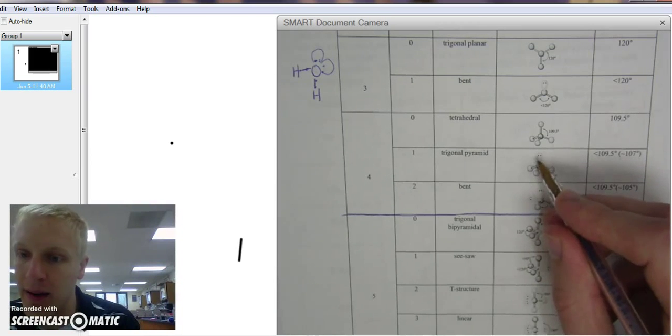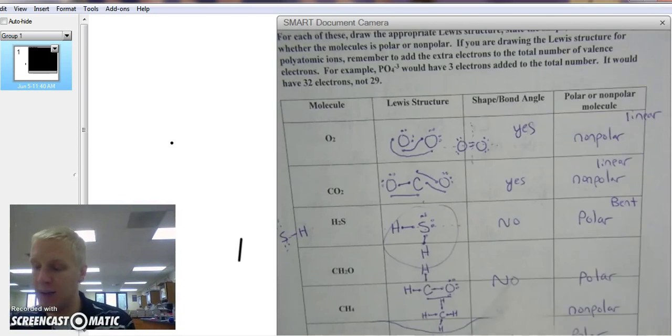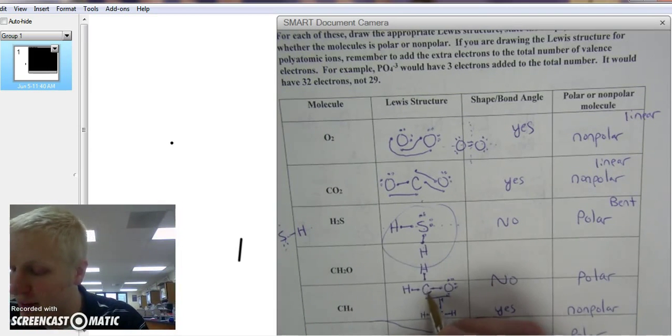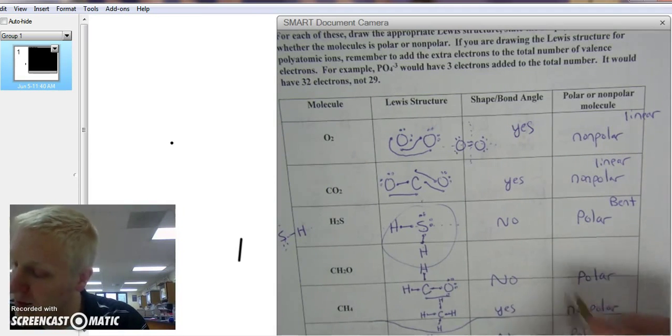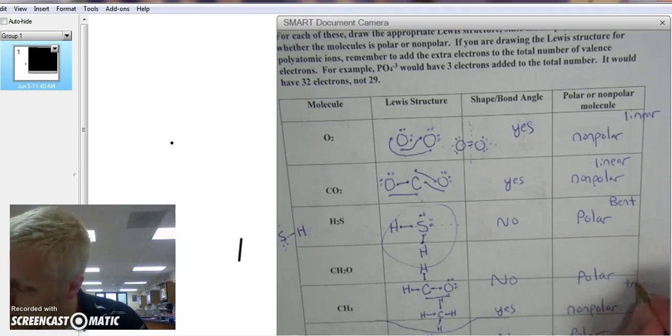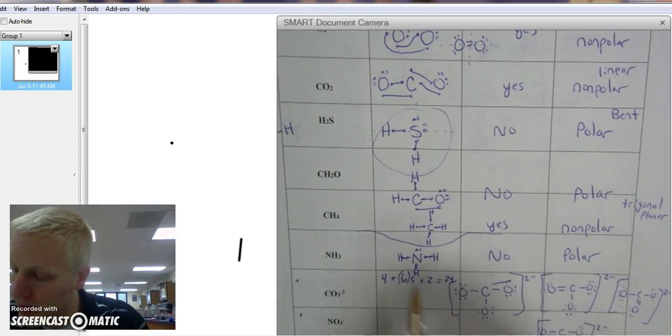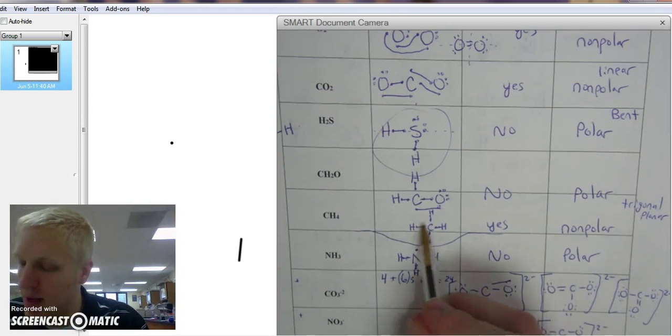If it's pyramidal, it has 1 lone pair on the center atom. So this one has 3 outer atoms, and on the center atom it has 0 lone pairs. So that would make it trigonal planar.